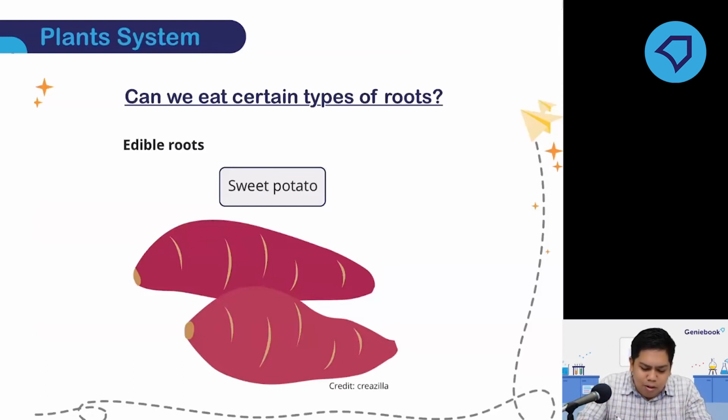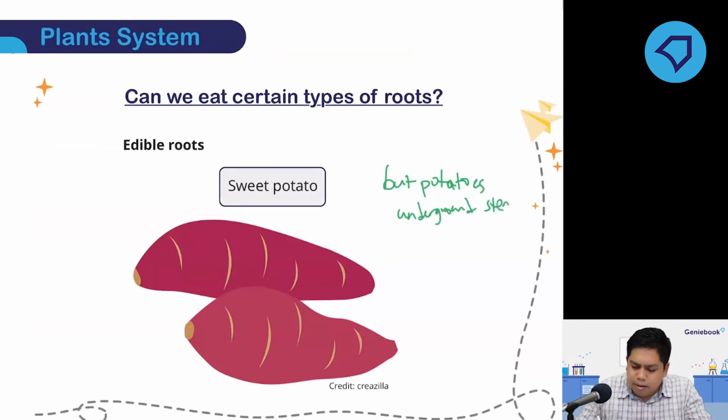So I repeat, sweet potato actually are the edible roots, but potatoes are actually underground stems. So there are two different things. Okay, there are two different things. Take note of that.